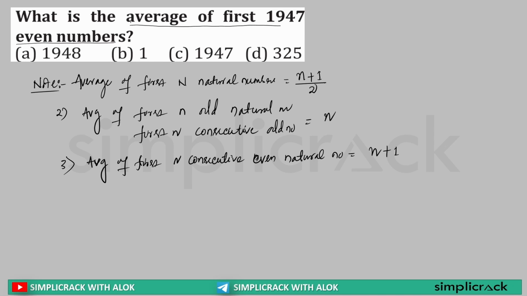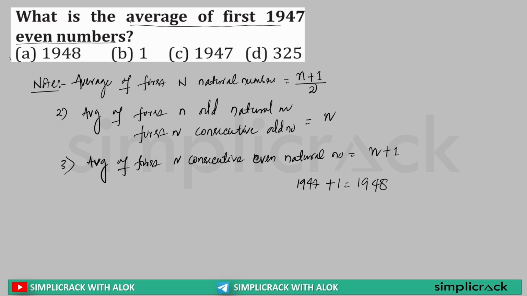Clear or not? Now, it has asked what is the average of the first 1947 even numbers. So the average is 1947 plus 1, because n is 1947, that is 1948.